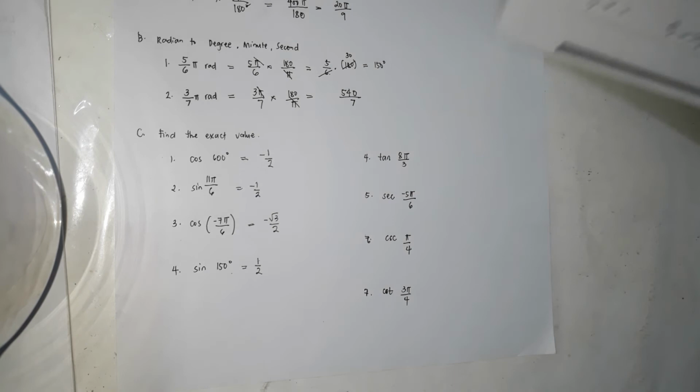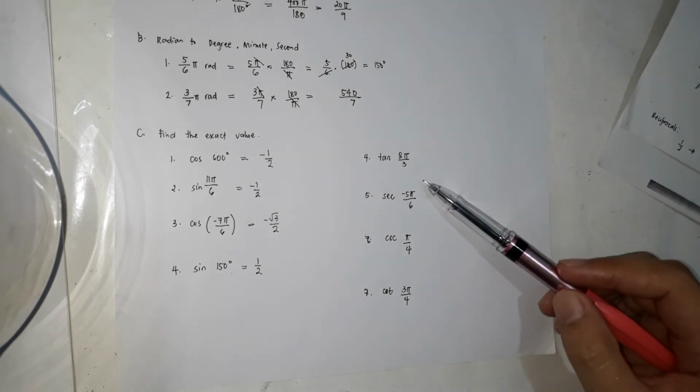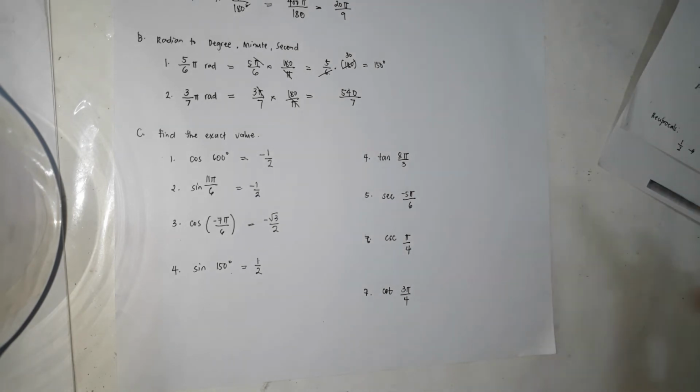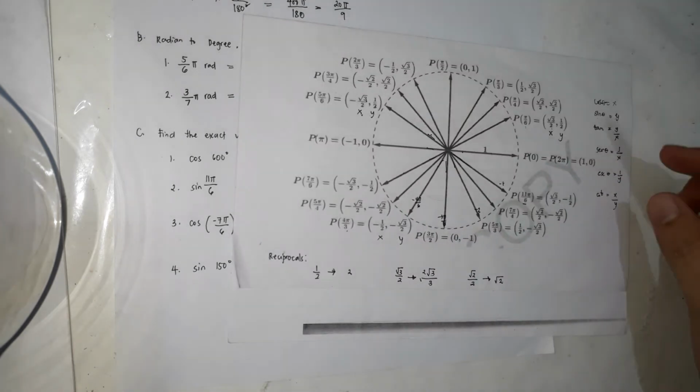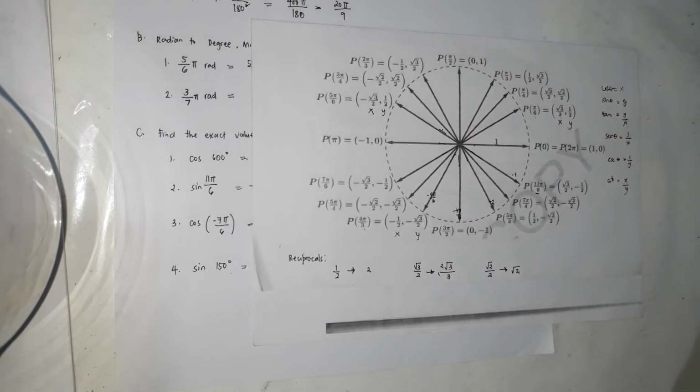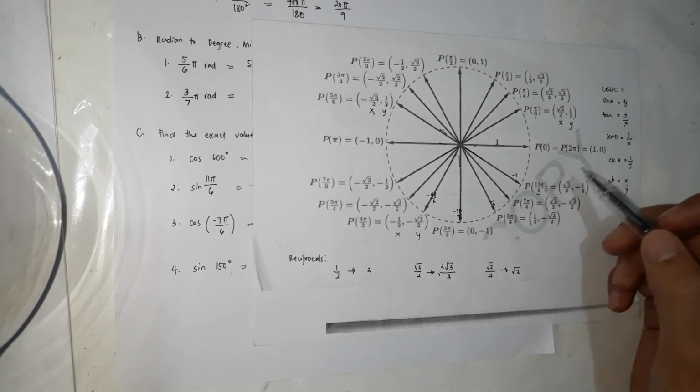Next, we'll proceed with tangent 8 pi over 3. So where is 8 pi over 3? It's not here, kasi hanggang na nato.